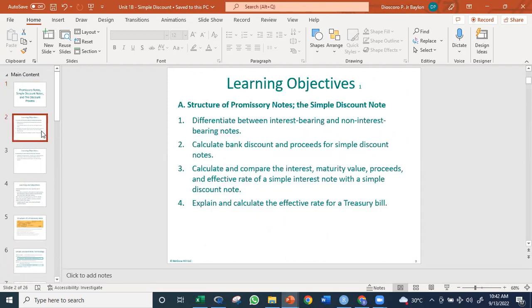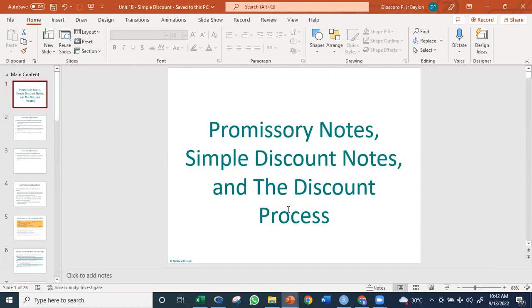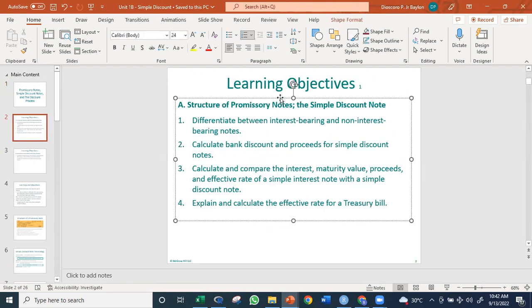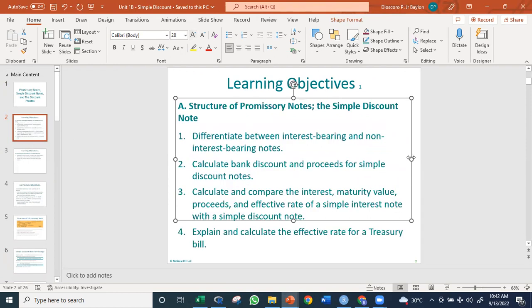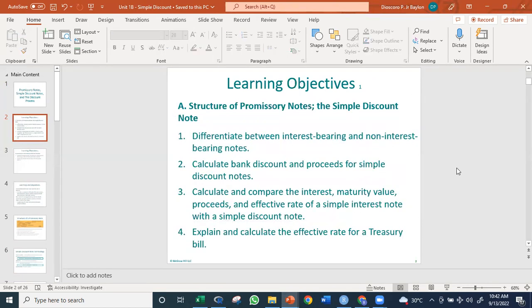So what are the objectives for simple discount? What we learned was simple interest, so this is simple interest versus simple discount. We're going to learn the difference between simple interest and simple discount. And we're going to look at promissory notes. Promissory notes, mga IOU yan. I promise to pay.